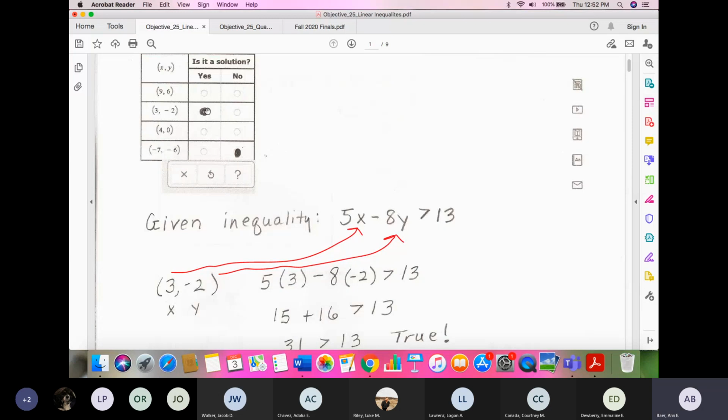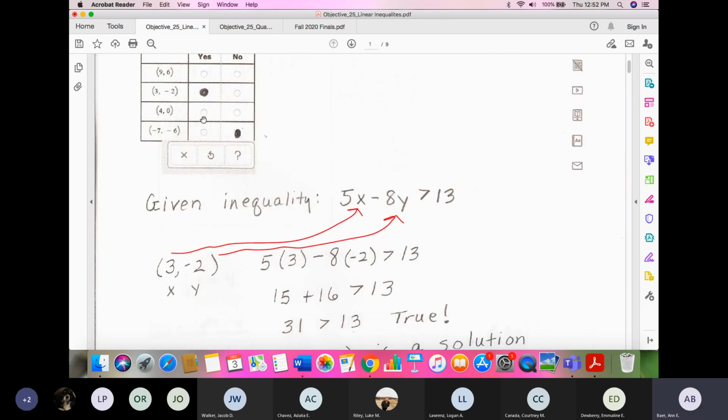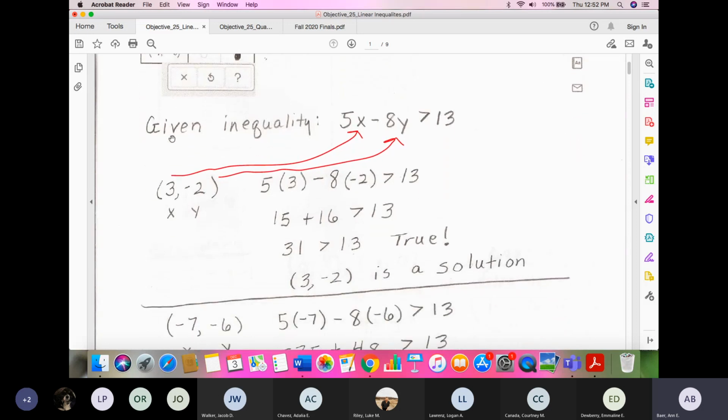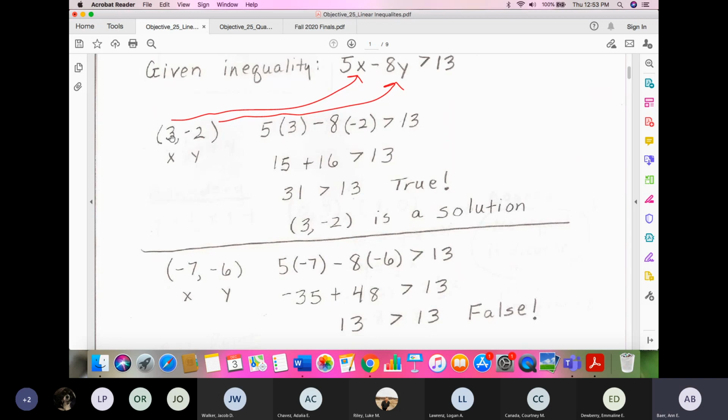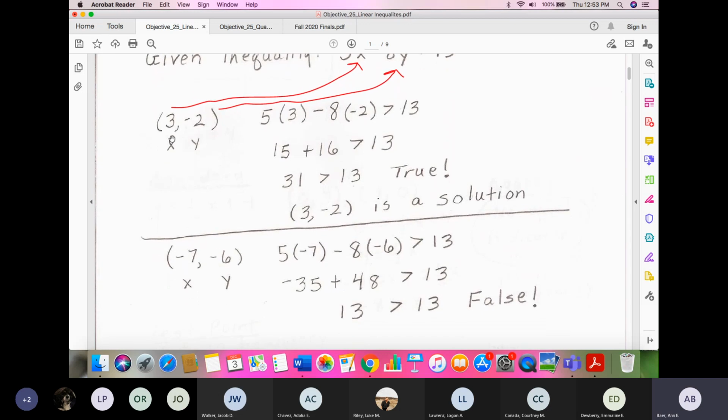This becomes a very important piece of when we graph a system of 2 linear inequalities. For that matter, when we graph a system of 1 linear inequality. So let's look at our other ordered pair, -7, -6. Same idea. The first coordinate is our x coordinate.